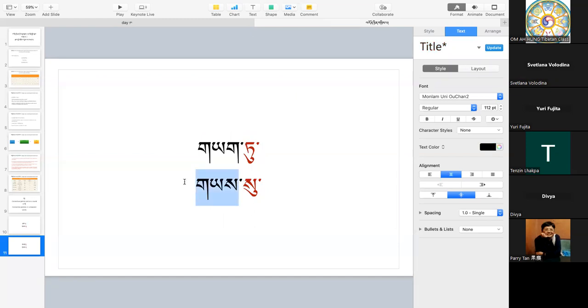Similarly, we have ta, tu, because it has the suffix letter ka.